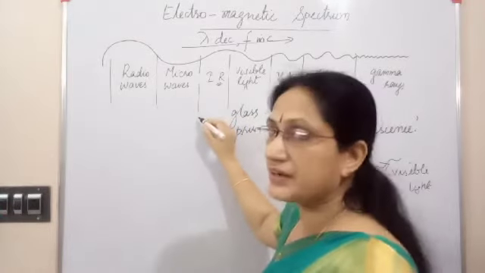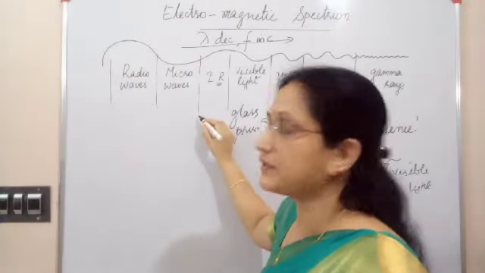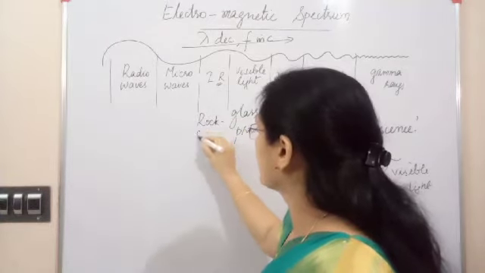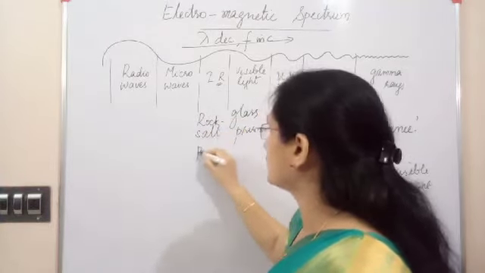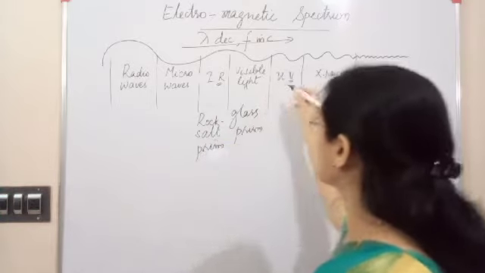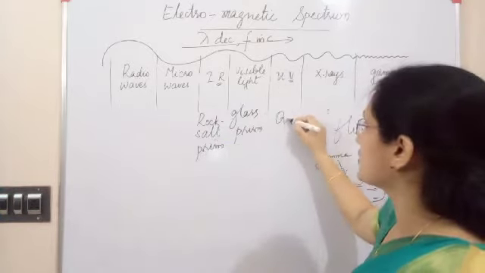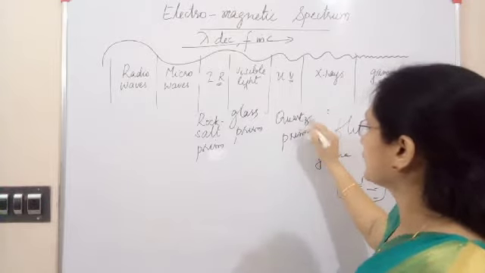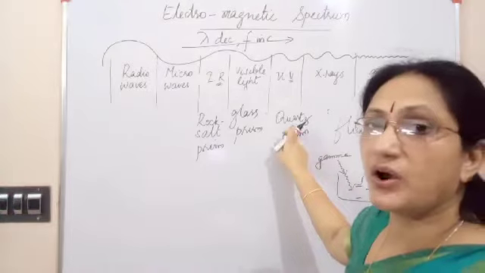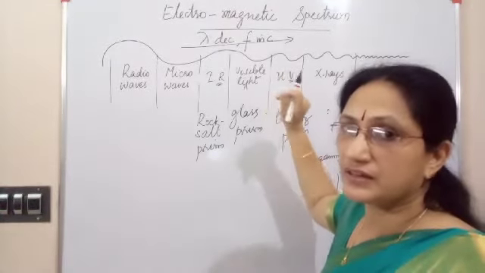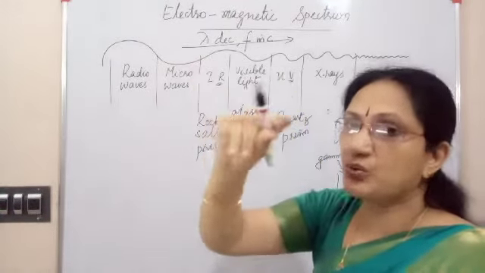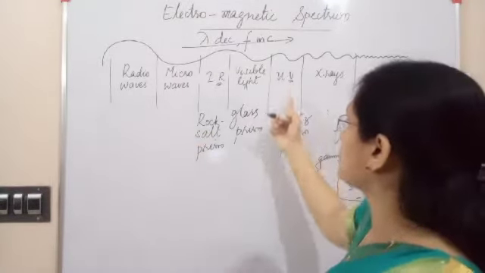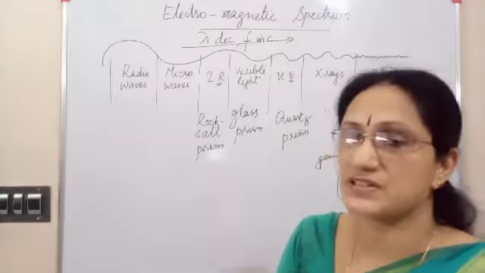For the study of infrared radiation, rock salt prisms are used. And for the study of ultraviolet radiations, a quartz prism is used, because quartz will not absorb these ultraviolet radiations; they can come out through quartz.